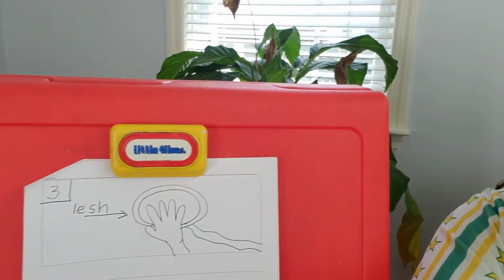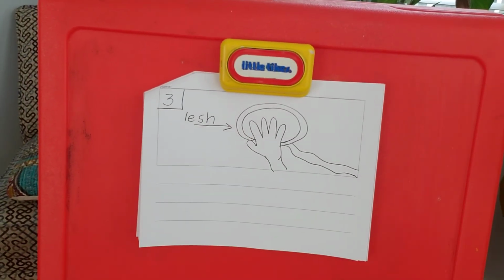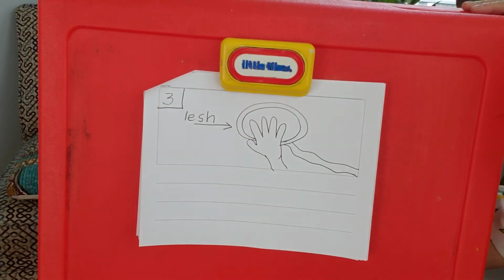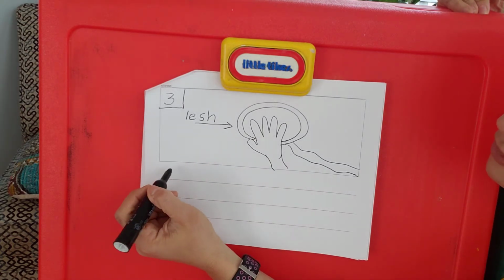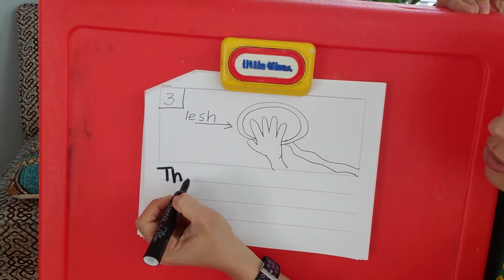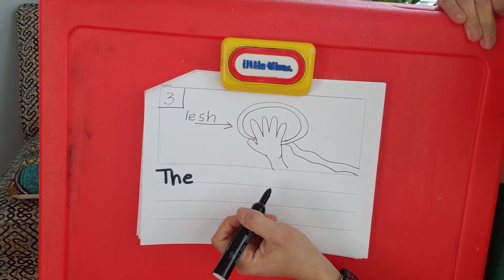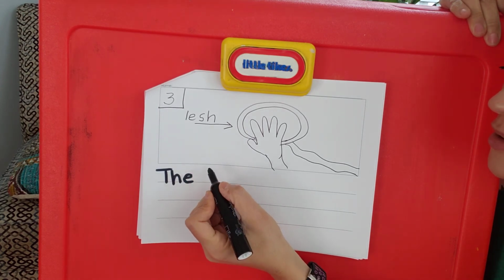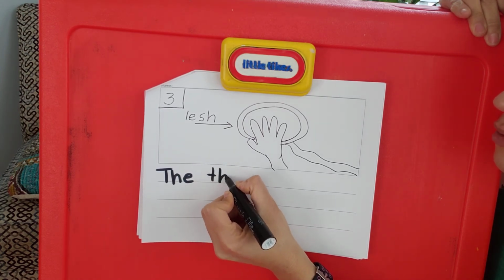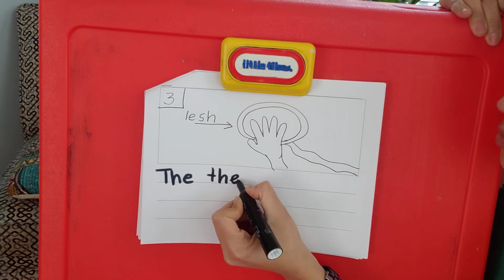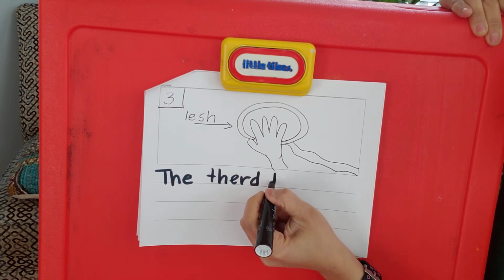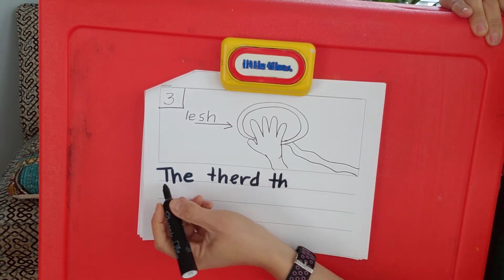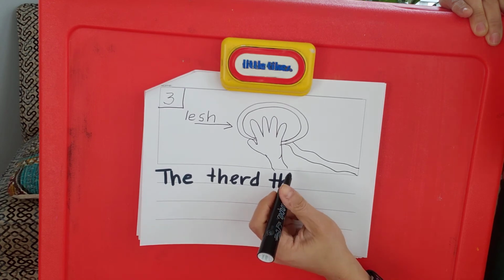Let's see how I do when I just start writing without drawing the lines on the paper, because I've already counted my words. So let's see. The, I know. The, and I can do third because it starts the sound as the. Third. The third. Oh, look at that. The third thing. Okay.